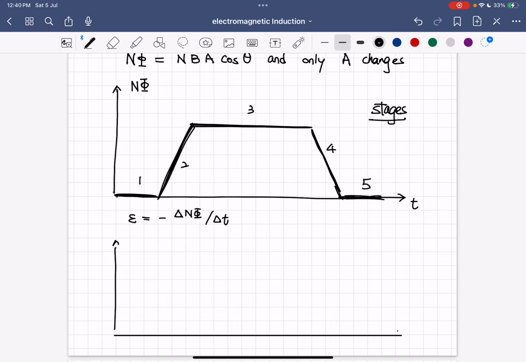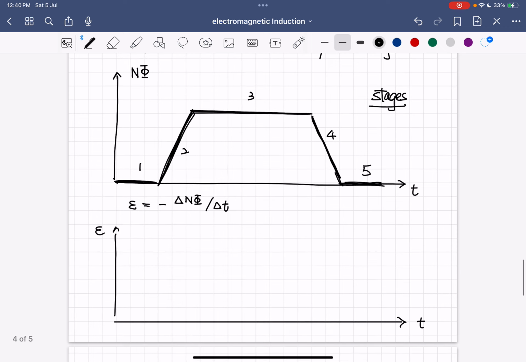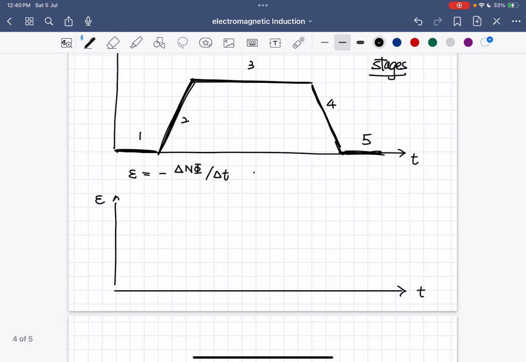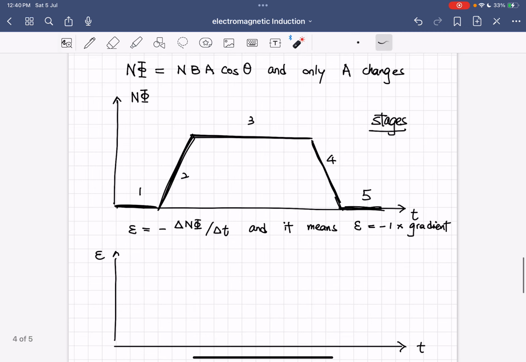You just look at the gradient of the graph above. So it means E is negative 1 times the gradient. So in order for us to deduce the EMF at different stages of time, we just need to find the gradient.